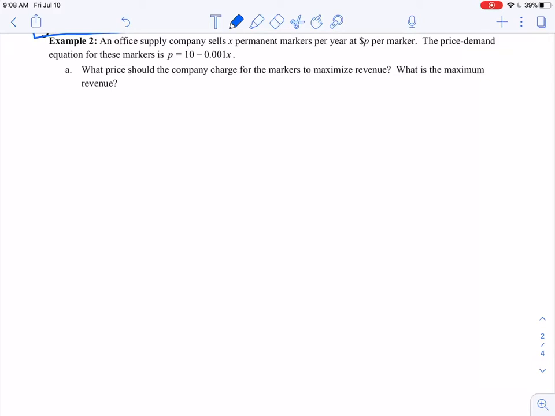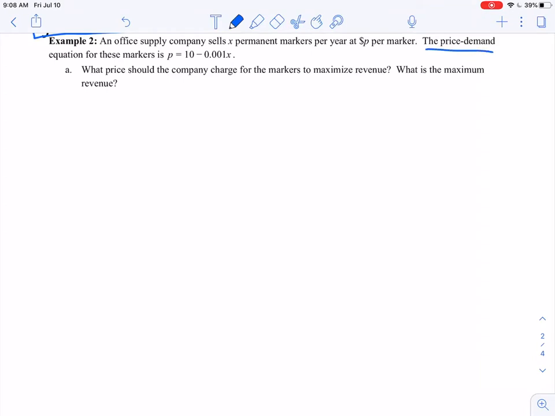All right, in this example, we're going to pretend that we're in the big booming office supply industry, and we are selling permanent markers here. We are selling X permanent markers per year at P dollars per marker. We're in like the high-end luxury permanent marker market where, I don't know, maybe it'll make you coffee or something too.